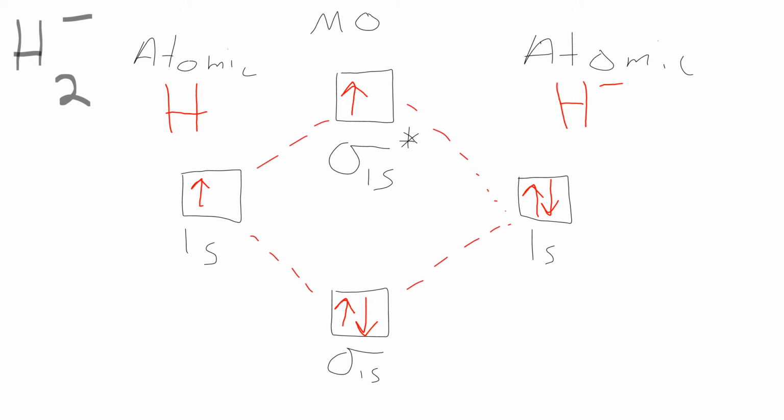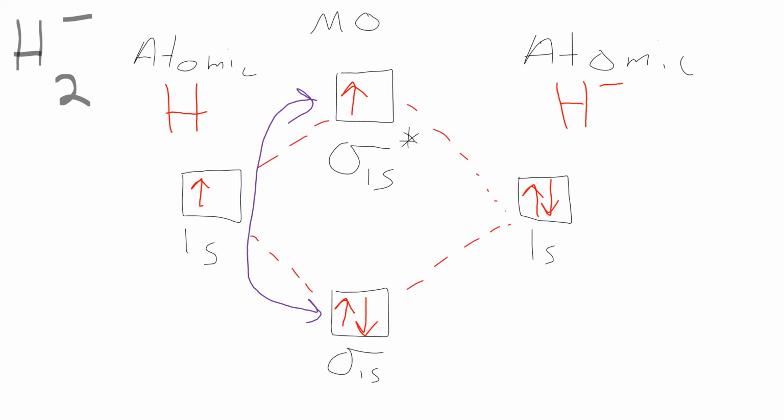Now, what's that electron in the anti-bonding orbital doing? It is literally doing the exact opposite of what the bonding electrons are doing. It pretty much cancels out. It's almost like it takes away one of our bonding electrons. It undoes what the bonding electron is doing. So that anti-bonding one is really counteracting one of those bonding electrons.